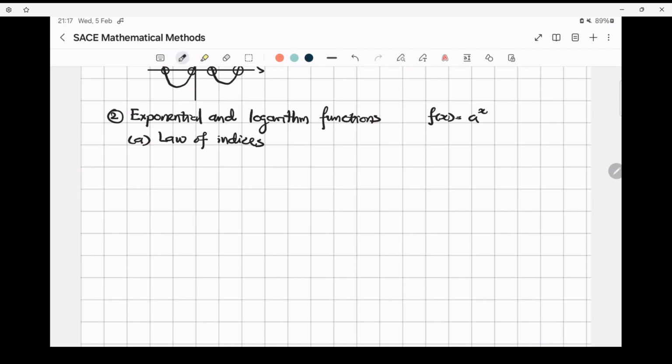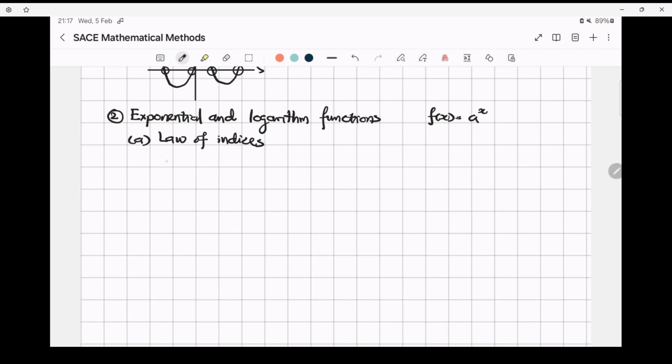But right now, let's stick to a to the power of x. And what is logarithm? I will tell about the idea of logarithm later on when we enter into the logarithm function. But first, let's look at the laws of indices.